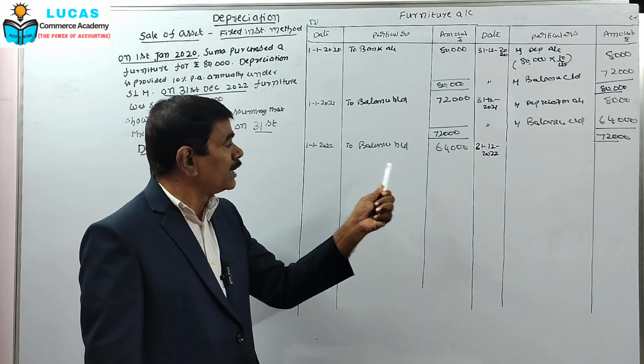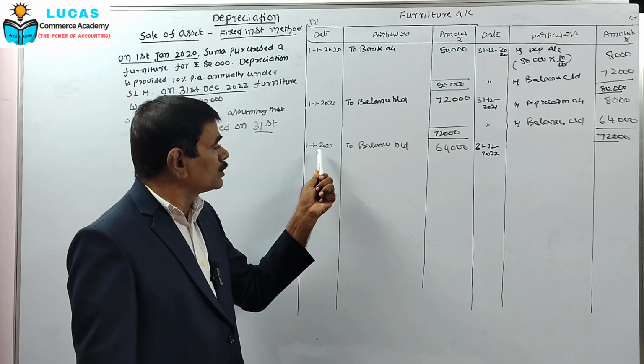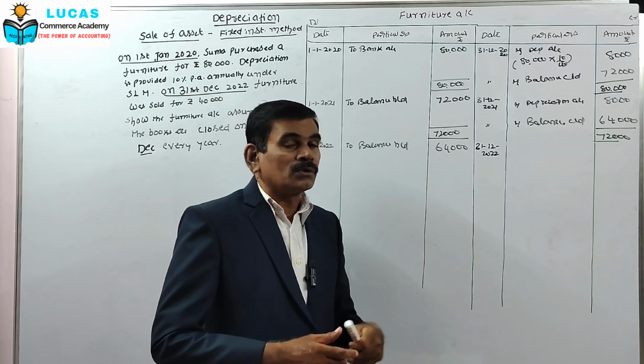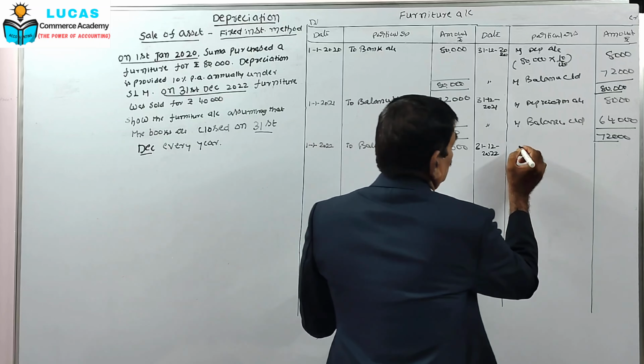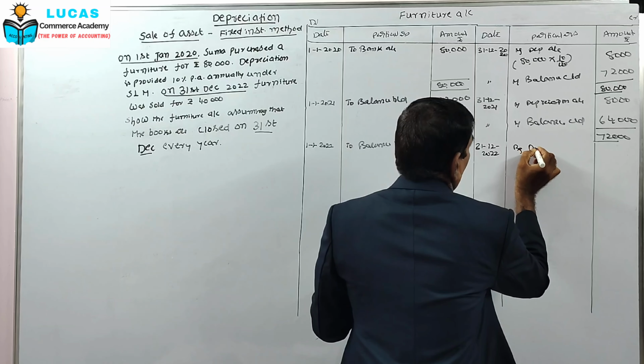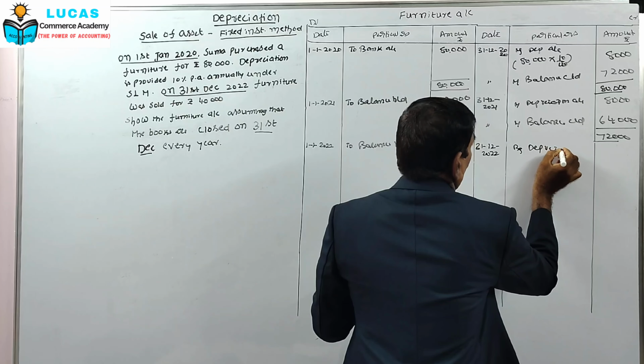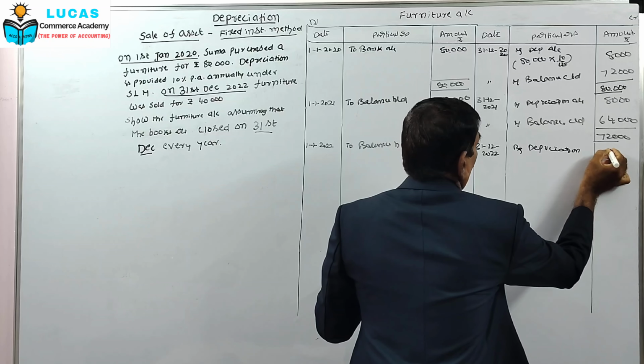That means 1 year, from 1/1/2022 to 31/12/2022. We provide depreciation for 1 year. So by depreciation, 8,000.